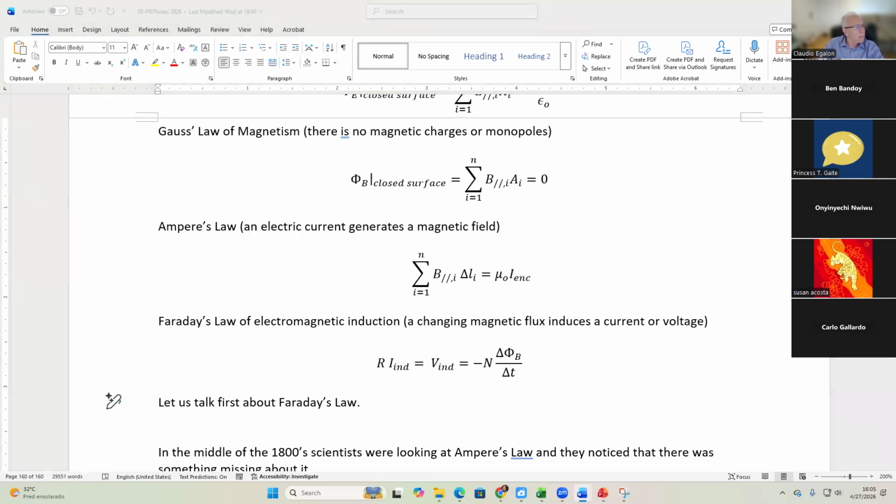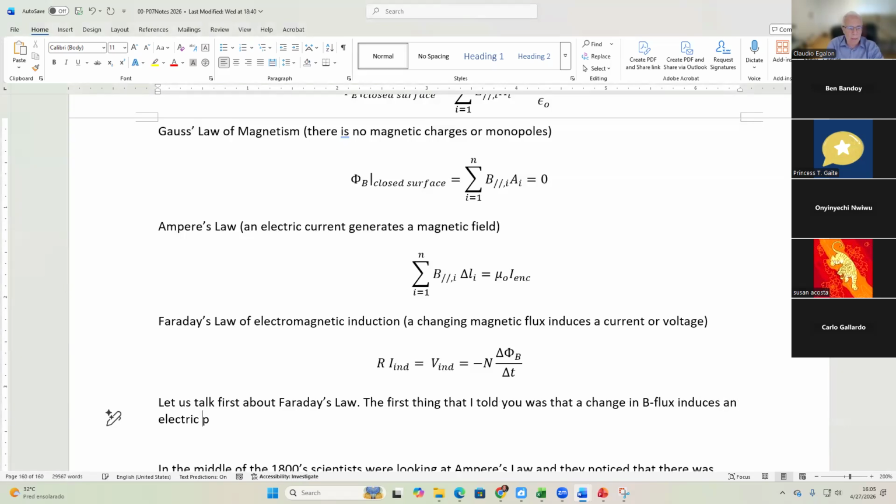Something that I didn't mention to you. The first thing that I told you was that a change in flux, magnetic flux, B flux, induces an electric potential difference, which powers an induced current.